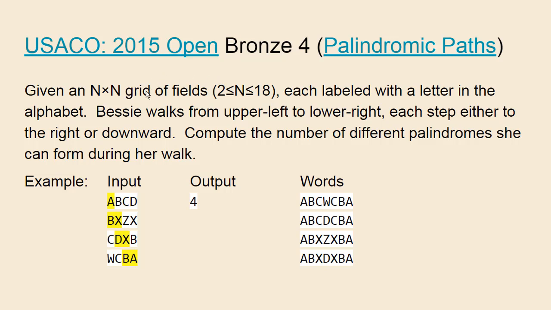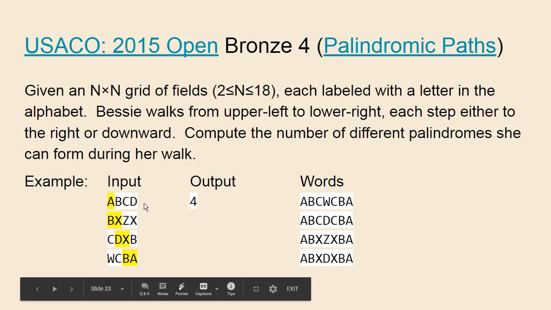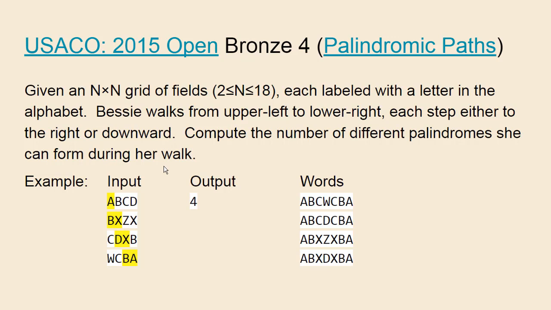So in this problem, you are given an n by n grid of fields. Every field is labeled with a letter, and Bessie will walk from the top left corner to the bottom right corner, and every step she will go either right or downward.